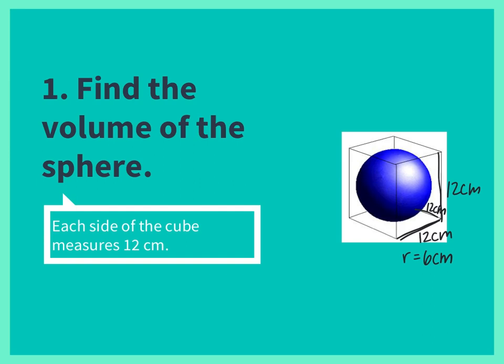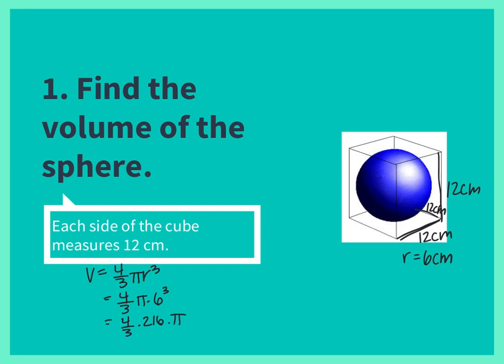So we want to make sure we start with our formula. Volume equals 4/3 pi r cubed. We're going to substitute our radius. So 4/3 pi, radius is 6, so 6 cubed. 6 cubed is 216, so I have 4/3 times 216 times pi.